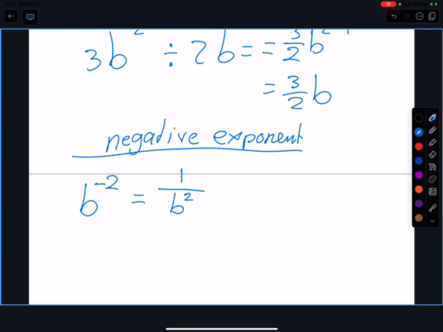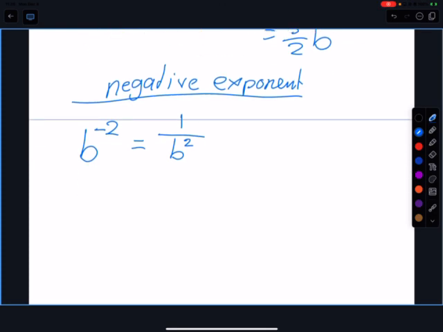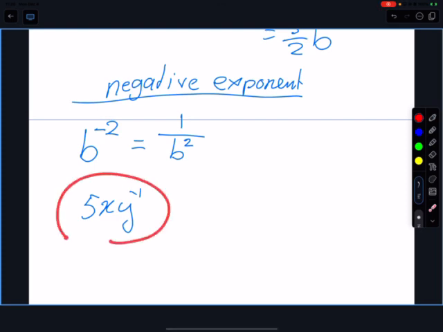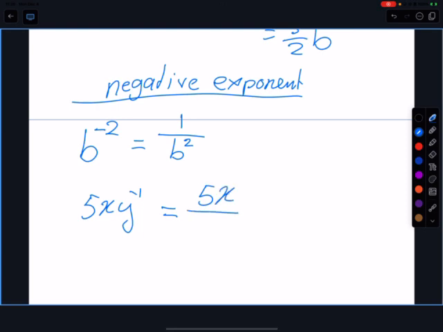One of the answers that you received had a negative exponent. If I'm not mistaken, it was like 5xy to the power of minus 1, something like that. And you cannot leave it in a negative exponent. The correct answer would have been 5x divided by y. So you have to remove the negative exponent.